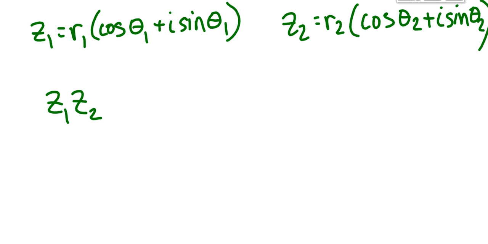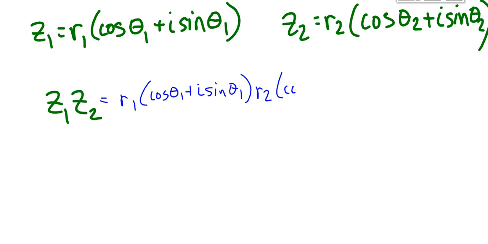And I think it's good for us to experience that. So that means we're going to take R1 cosine theta 1 plus I sine theta 1 times R2 cosine theta 2 plus I sine theta 2.